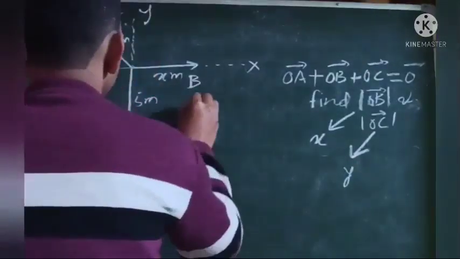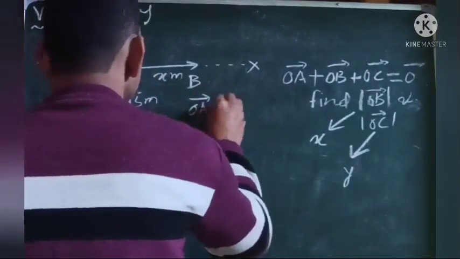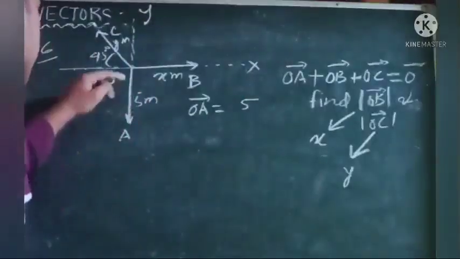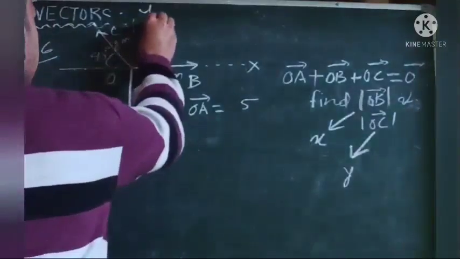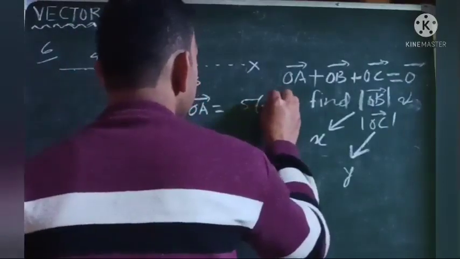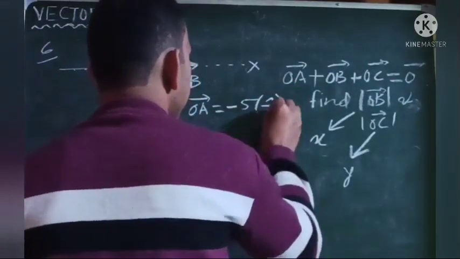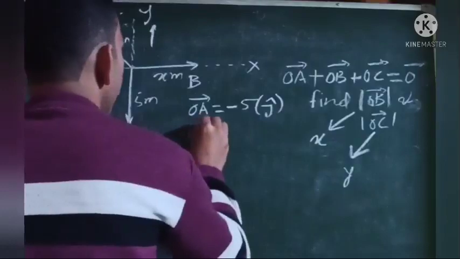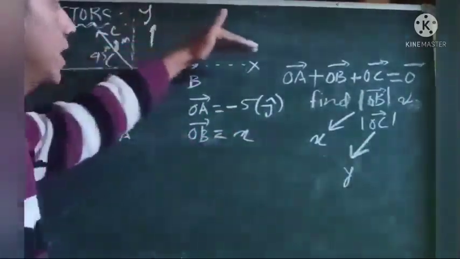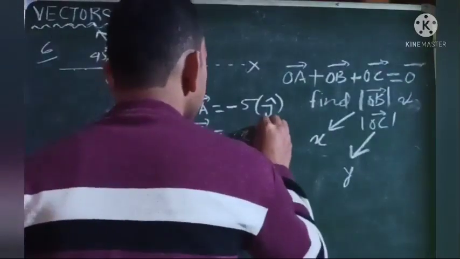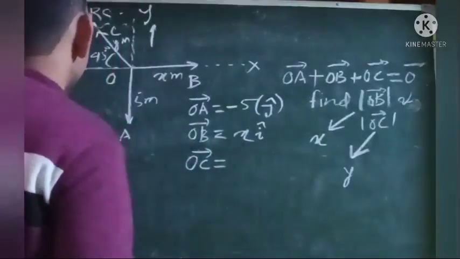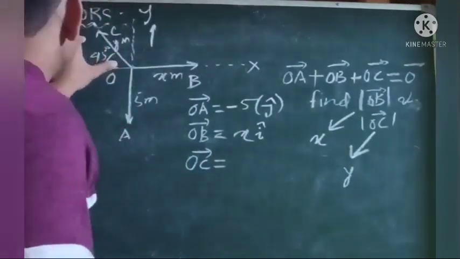Now OA vector has magnitude 5 and its direction is minus j cap. OB vector has magnitude x and its direction is given by I cap. Now we are required to find OC vector. We can resolve it into two components.